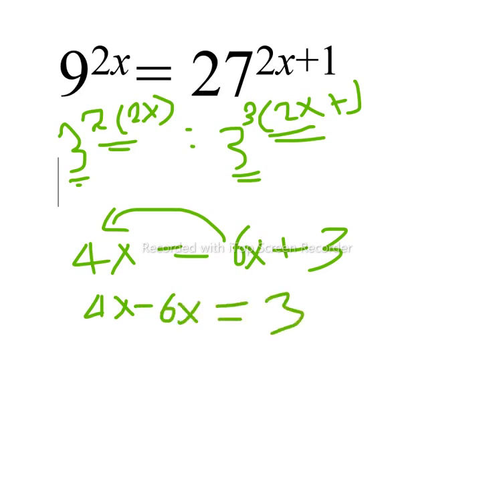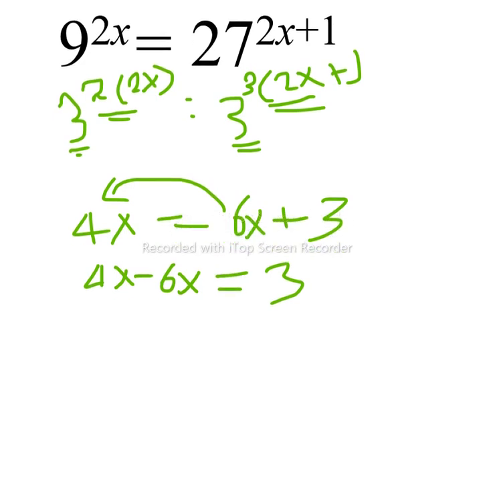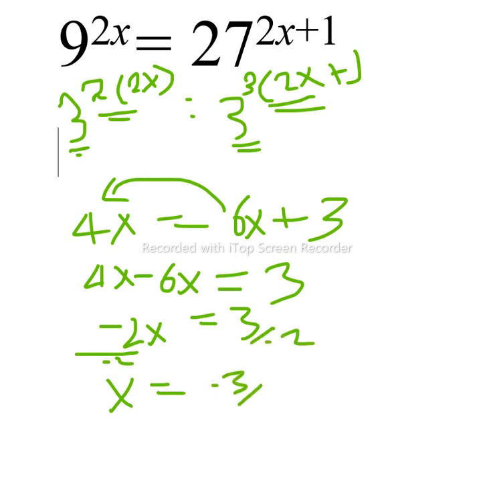When we subtract 6x from 4x, we get minus 2x, which is equal to 3. We divide both sides by minus 2, and we get x equal to minus 3 over 2.